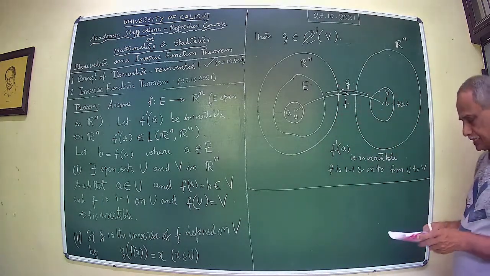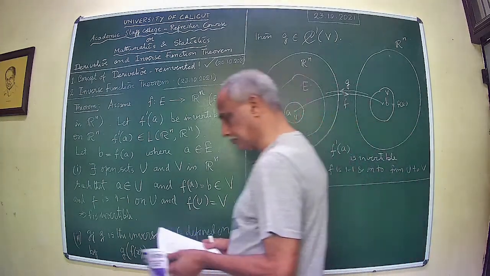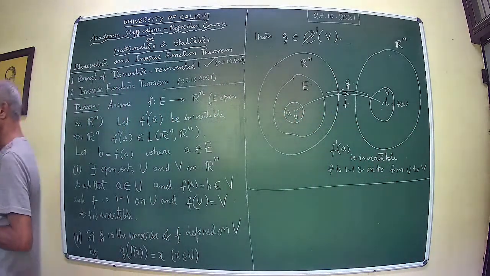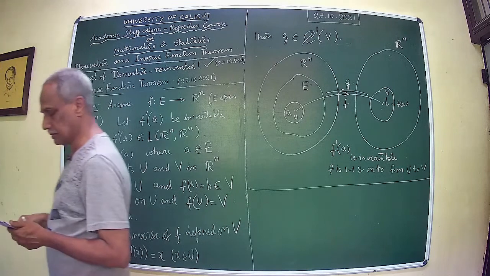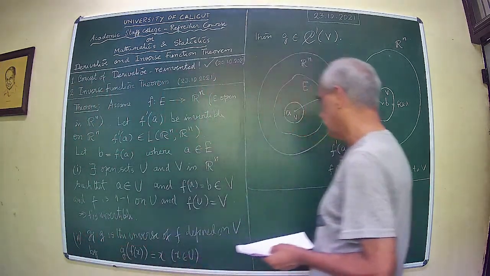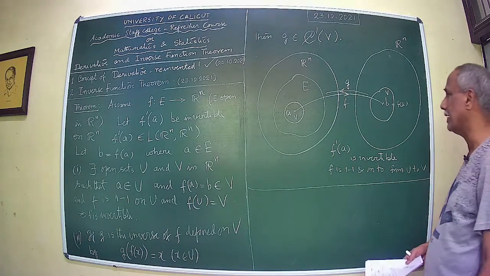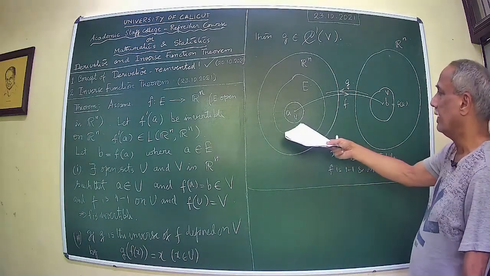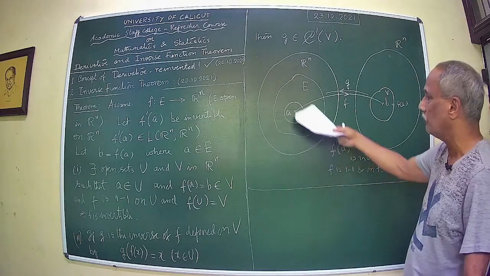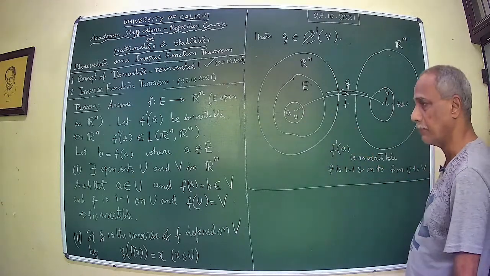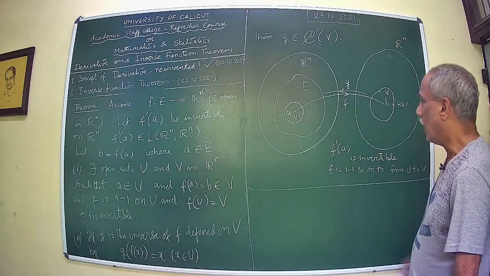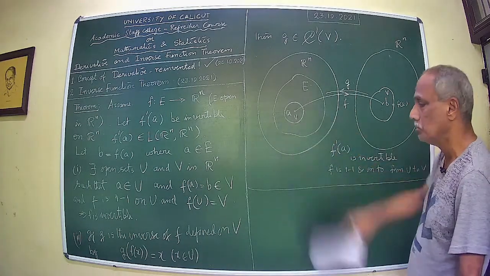But let me just tell you about the proof of this theorem. The proof involves quite a lot of work, because what you are asserting is that in the neighborhood U this happens. How far can you go with U?